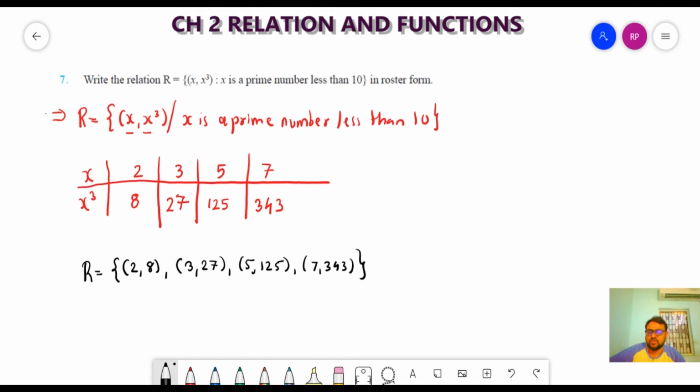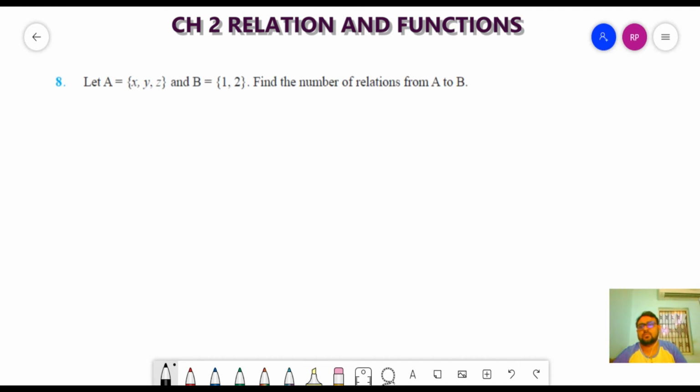Now let's move to the next question, that is question number 8. Question number 8. Let A equal to x, y, z and B equal to 1, 2. Find the number of relations from A to B. Okay. So let me write down A is equal to x, y, z. So what are the number of elements of A? 3.